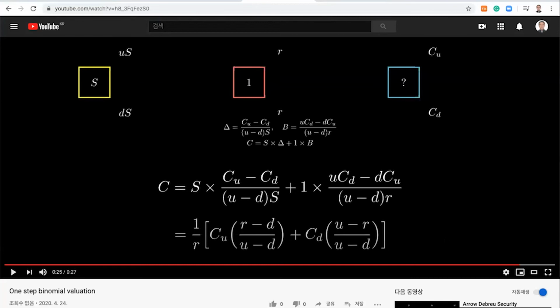So what I mean by risk neutral valuation formula, there was some probability. This one is just one probability in the parentheses, and this one is also another probability. How do you know that?